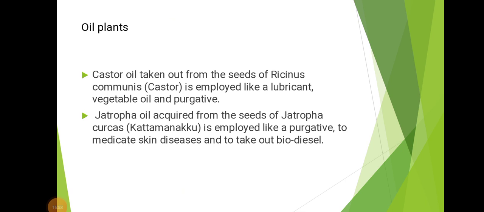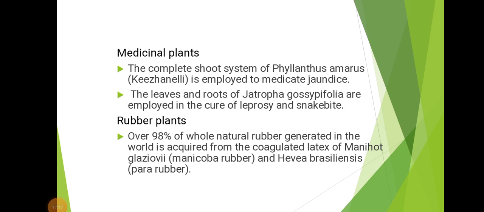Jatropha oil acquired from the seeds of Jatropha curcas is called Kattamanakku. It is employed as a purgative, to medicate skin diseases and to produce biodiesel. These are oil plants.